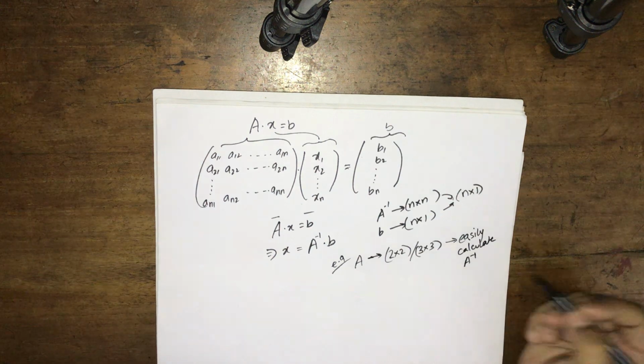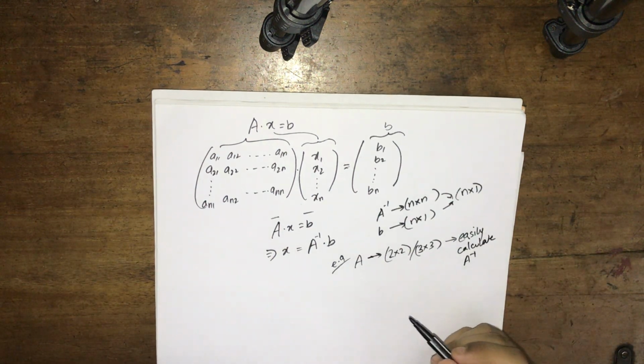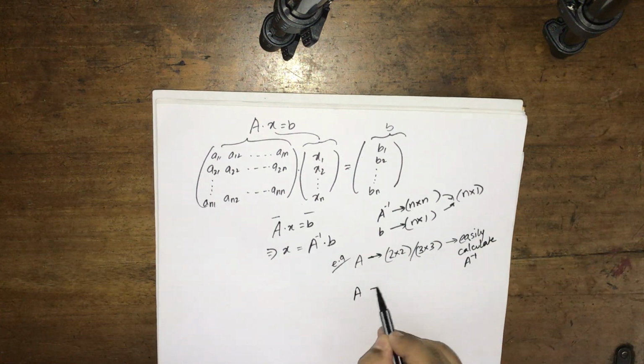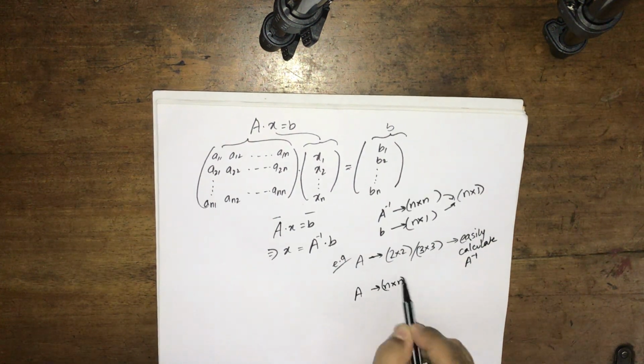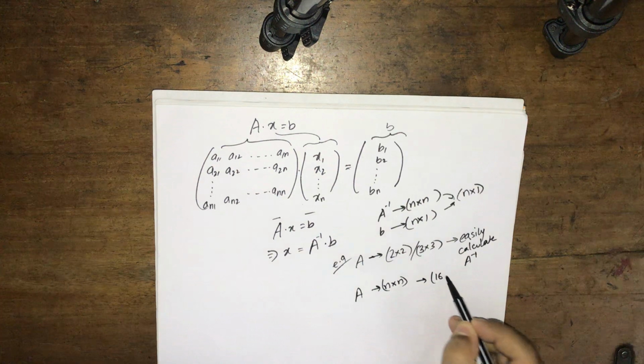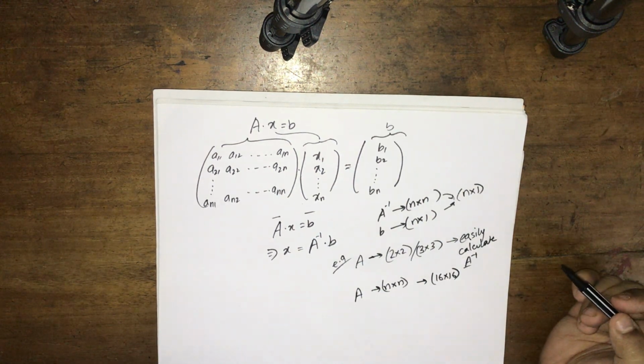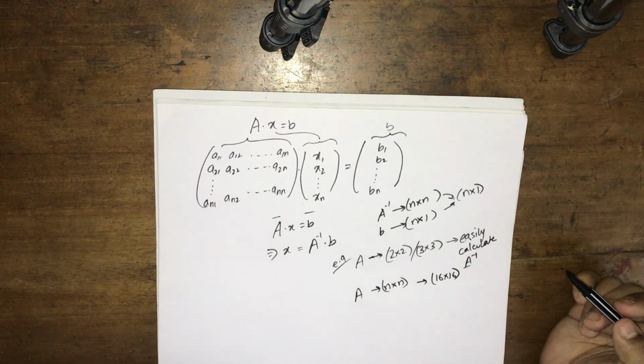But here A is represented as a general n into n matrix. So what if it was 16 into 16? Then we would face some problems calculating A inverse.